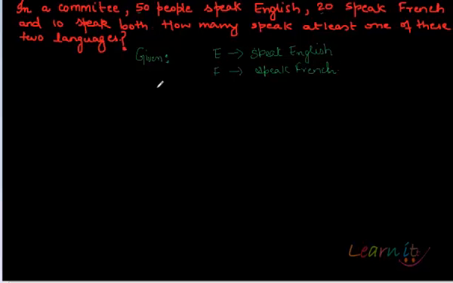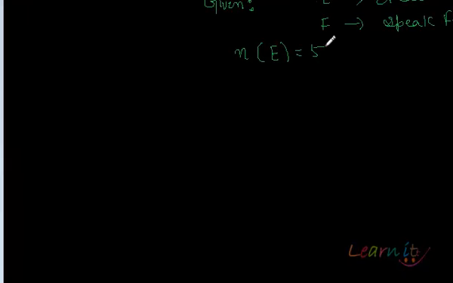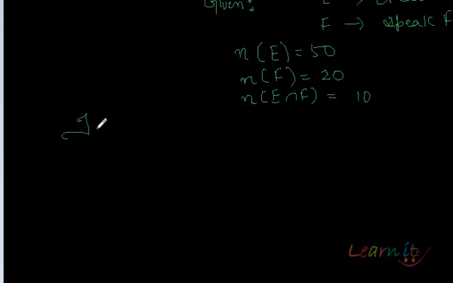Okay, so what is given to us? We are given that the number of people who speak English is 50, the number of people who speak French is 20, and the number of people who can speak both, that is the intersection, is 10. What do we need to find out?